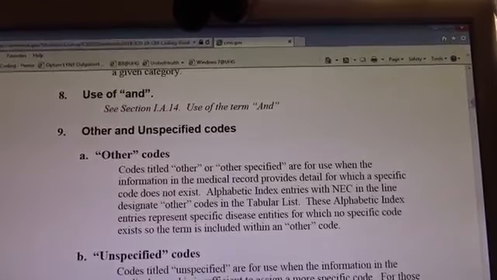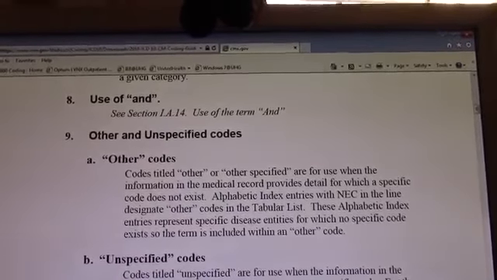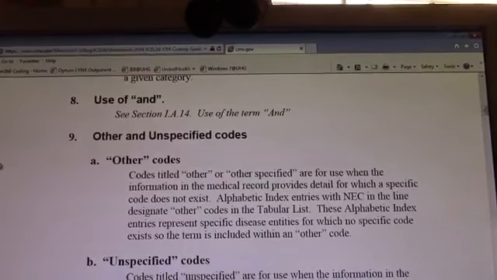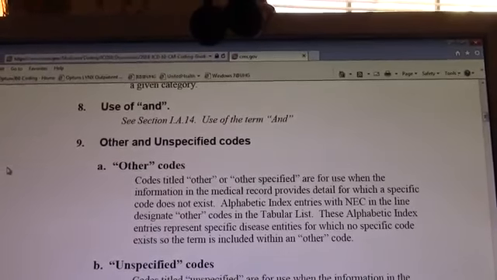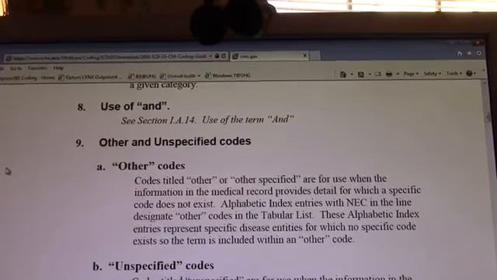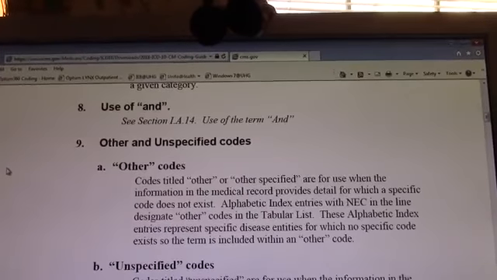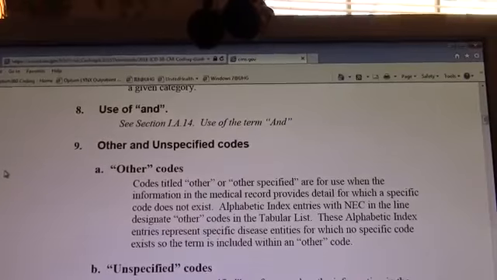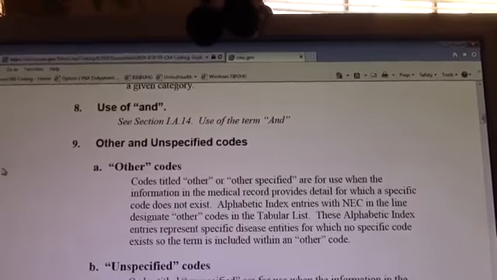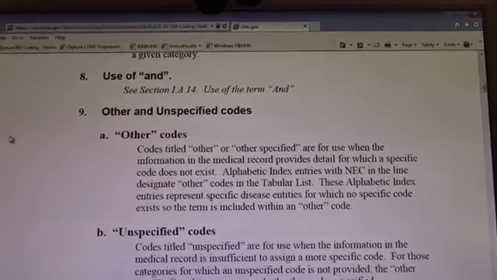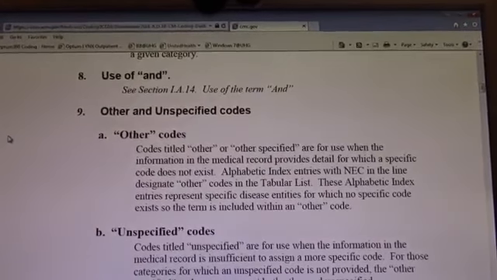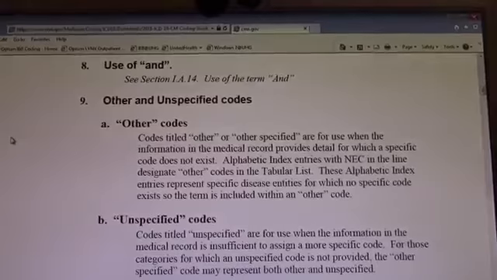So your alphabetic entry will have an NEC on the line that's designated for other. And these alphabetic entries represent specific disease entities for which there is no specific code or code does not exist. So the term is included within an other code. And that used to be the .8 code in ICD-9. I used to say, okay, .8 is just a catch-all, and .9 is unspecified.